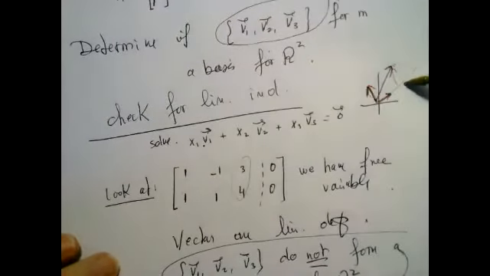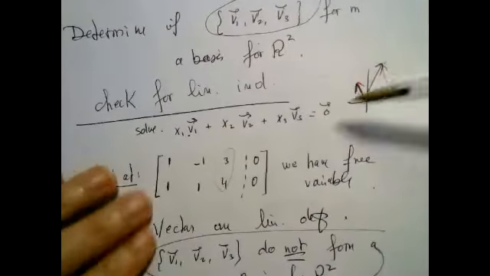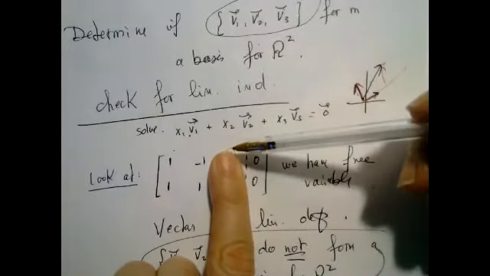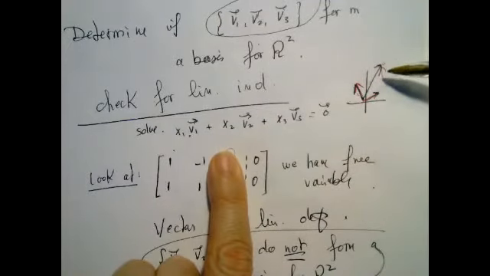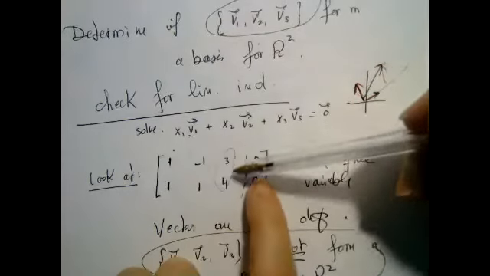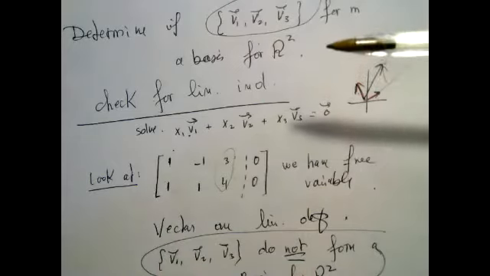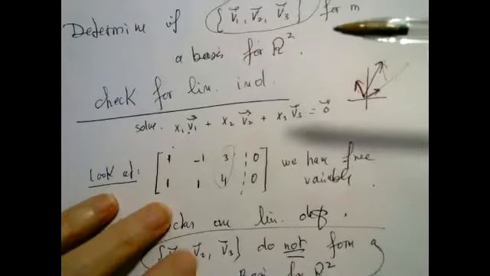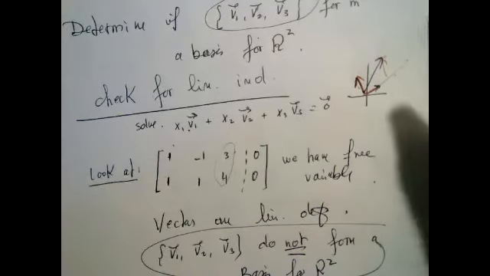They may span R2. It's very possible that if I take all possible linear combinations of those 3 vectors, I will get all of R2, because 2 of them will cover R2. So the third is really an extra. But they do span R2, absolutely. But a basis requires them to be linearly independent.